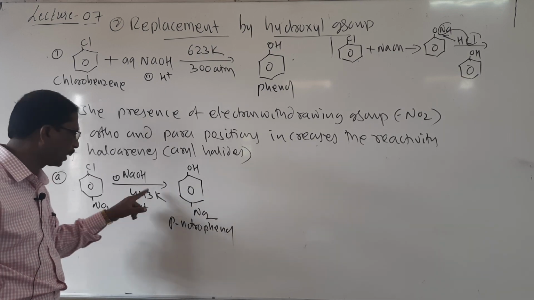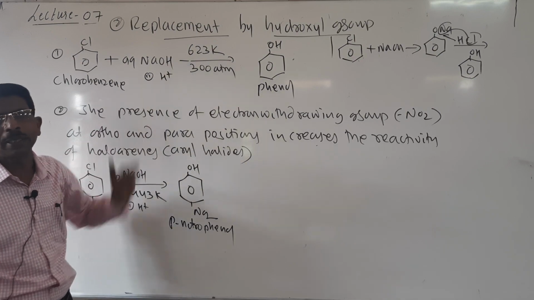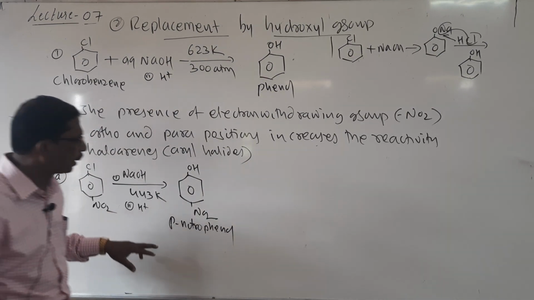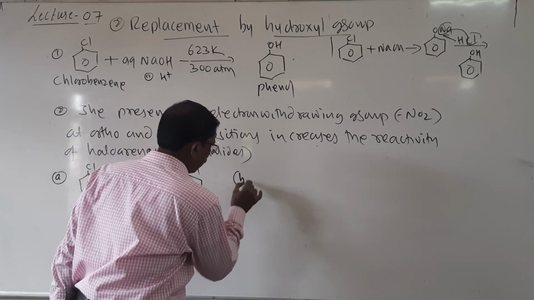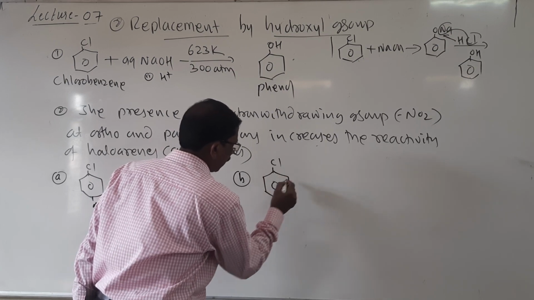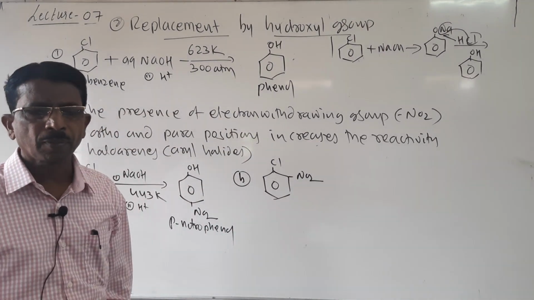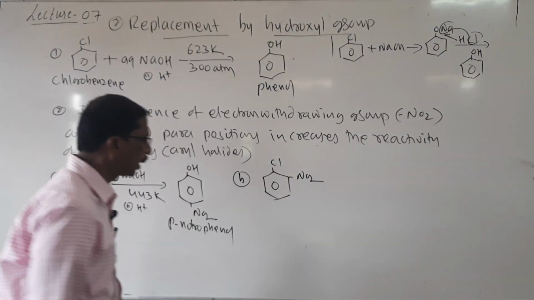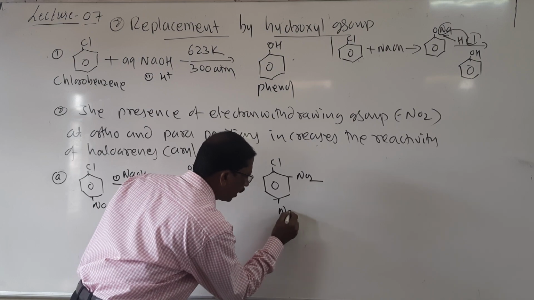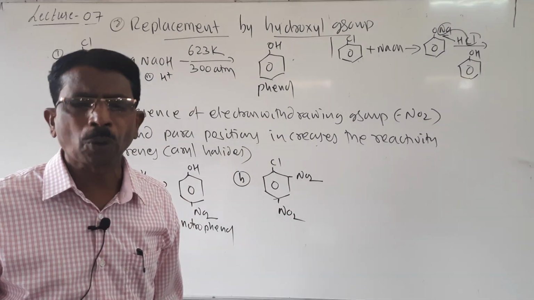Look here, the temperature here is 443 and earlier it was 623. Similarly, if the nitro group is on the ortho position and I take another group on the para position, I have two electron withdrawing groups.